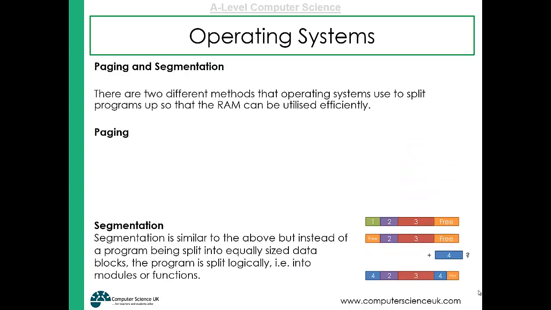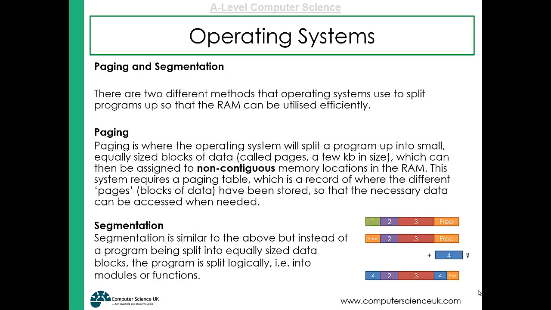Now, the two ways that can happen is using a method called paging and a method called segmentation. Paging is where an operating system will split a program up into equal sized blocks of data. There might just be a few kilobytes in size, but they're equal in size.